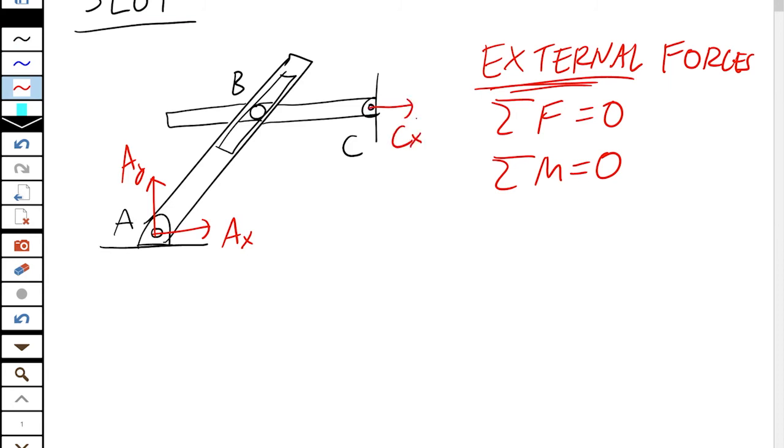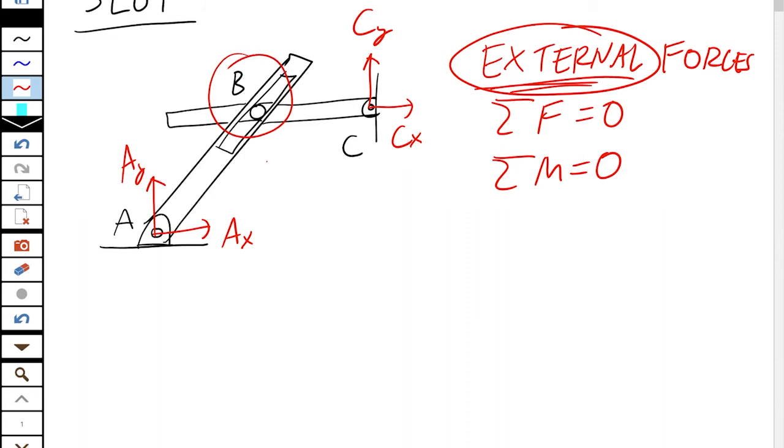So there's a horizontal reaction at C and a vertical reaction at C. See how the more we do it, the faster we get at that. And that is all. That's all the external forces acting on this. You might say, but what about B? B is internal to this diagram, so it doesn't show any new forces on the free body diagram.